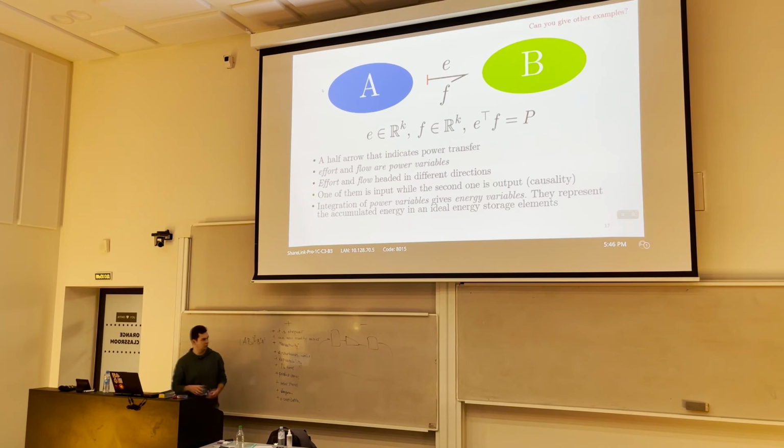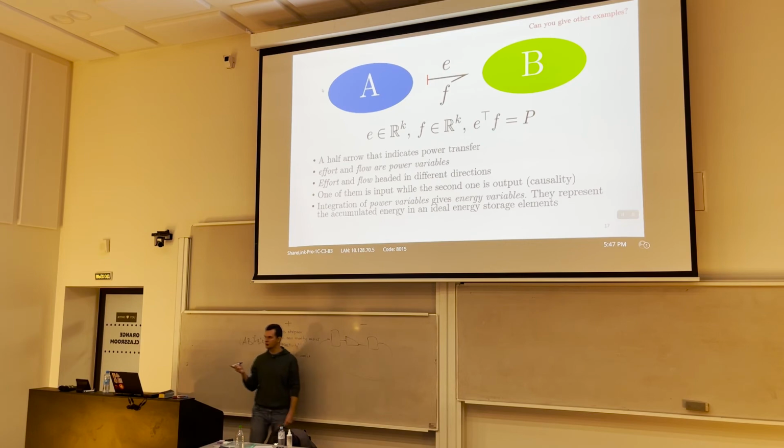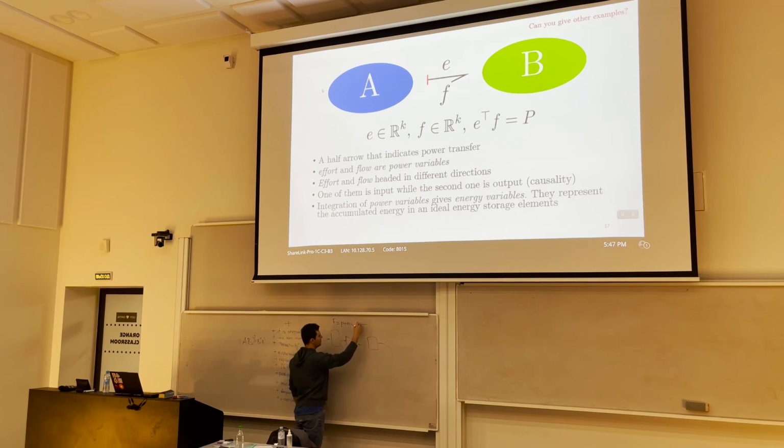So, do you remember Newton's second law? F equals ma. But it's wrong. It's p dot. Because if we derive it, we will have m v dot plus m dot v.